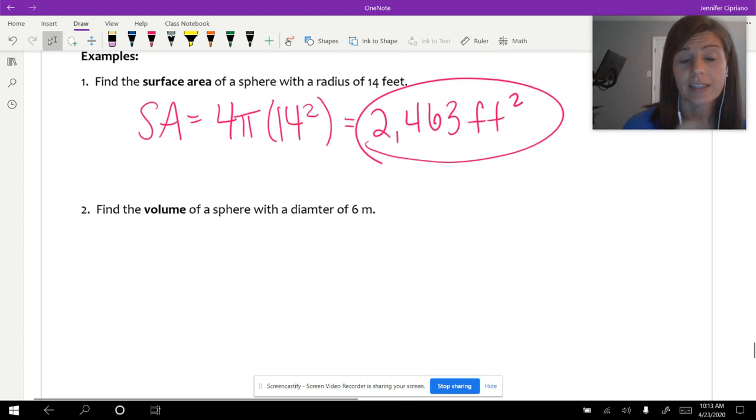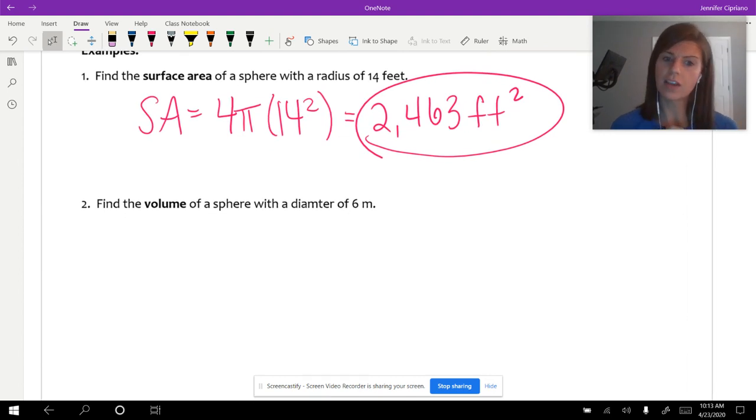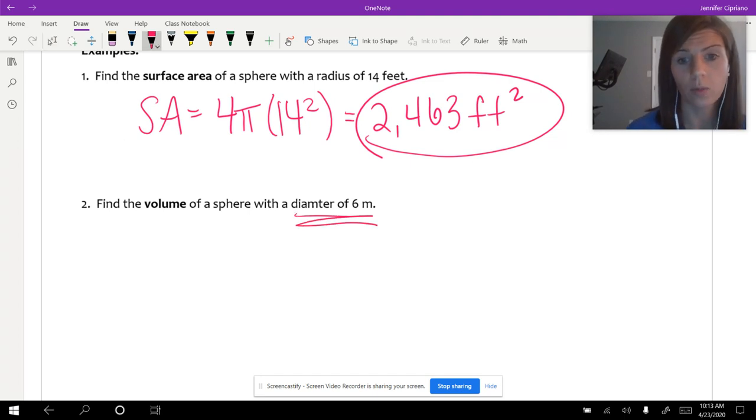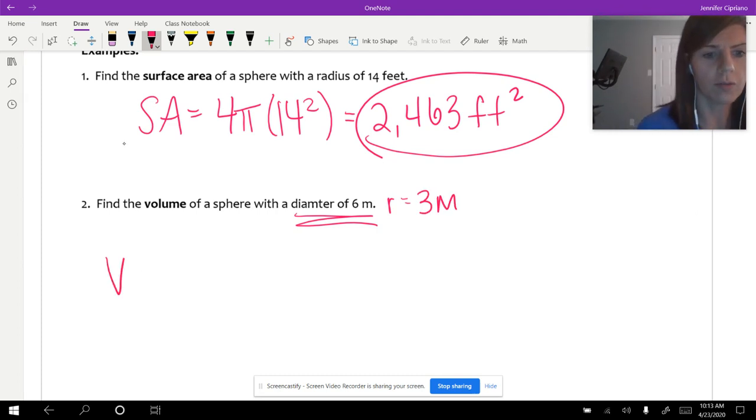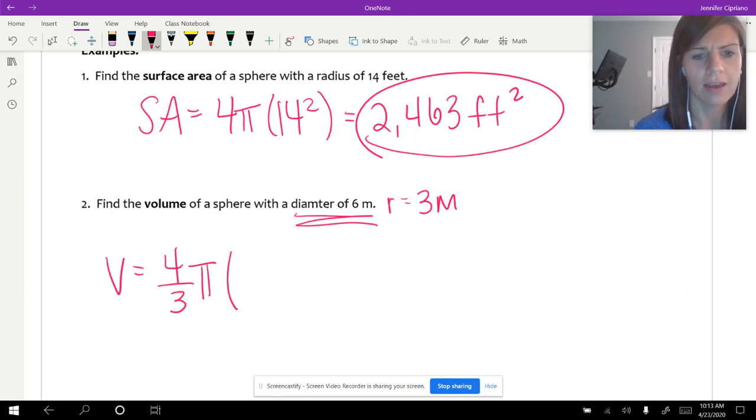So looking at our example for volume, the volume of a sphere with a diameter of 6 meters. So if the diameter is 6 meters, same thing with circles, that means that our radius would be 3 meters. So our volume is 4/3 pi r cubed.